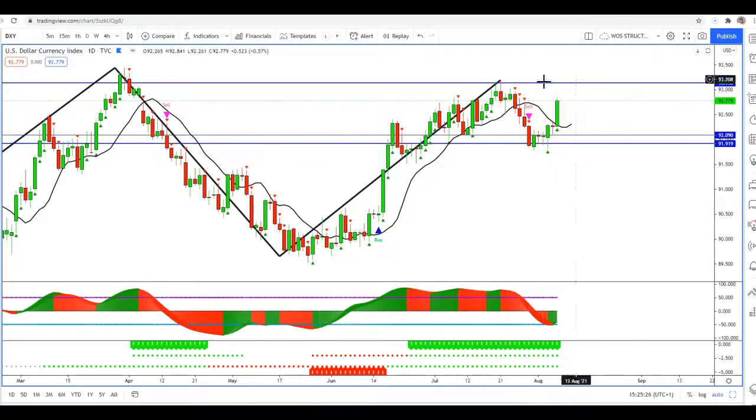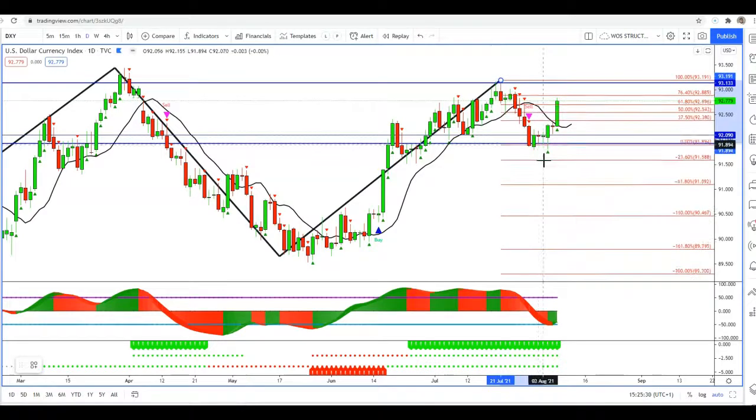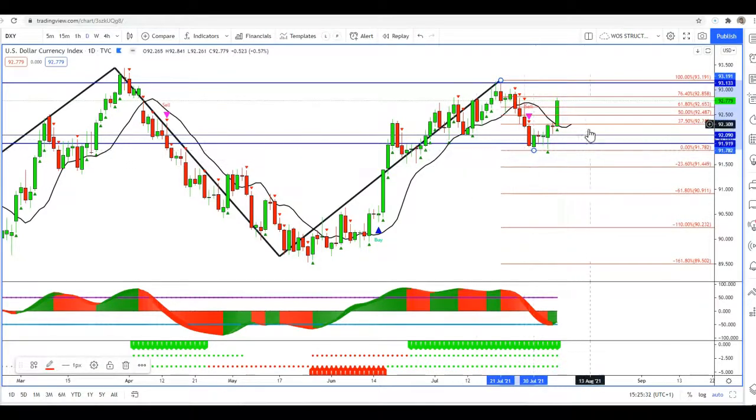So the simple way to approach this is this. I'm going to draw a Fibonacci, and the price has gotten to the 76.4% retracement, which is a good area. That is what we call the deep correction when we're using the wave of success analysis. So the dollar is very weak, even though we have this big candle on Friday.